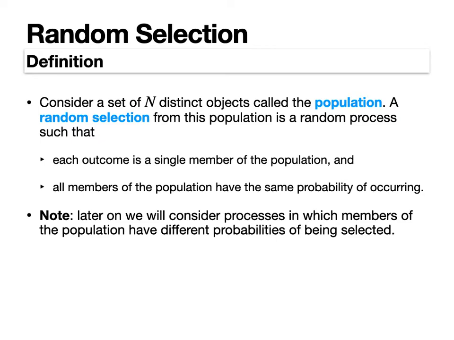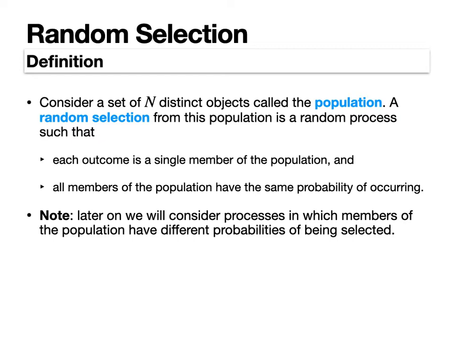This idea can be generalized to the idea of a random selection of an individual from a population. So if we have a population consisting of n distinct objects, a random selection from that population is a random process such that first, each outcome is a single member of the population, and secondly, all members of the population have the same probability of occurring.